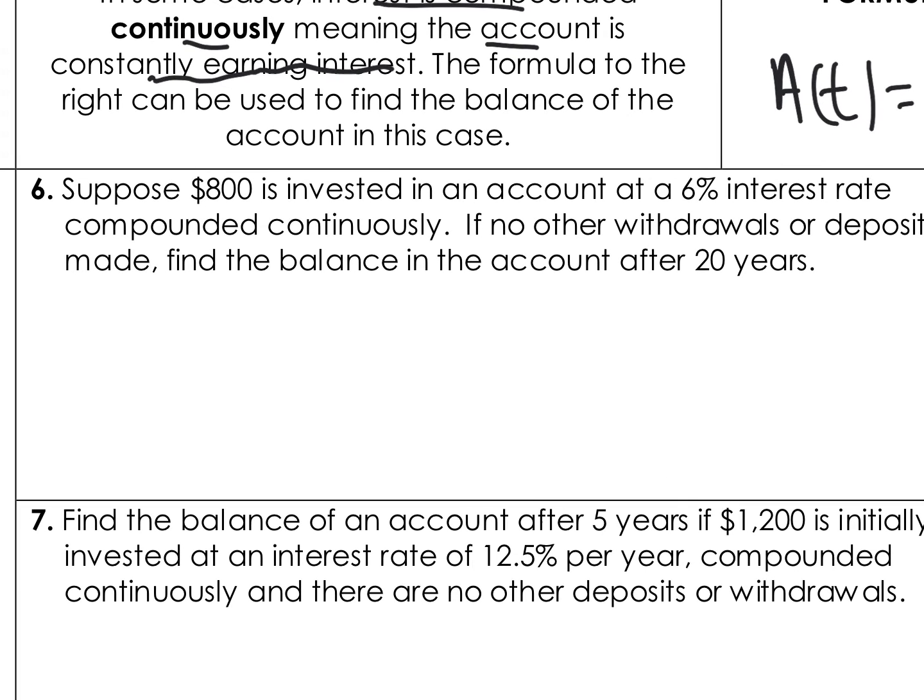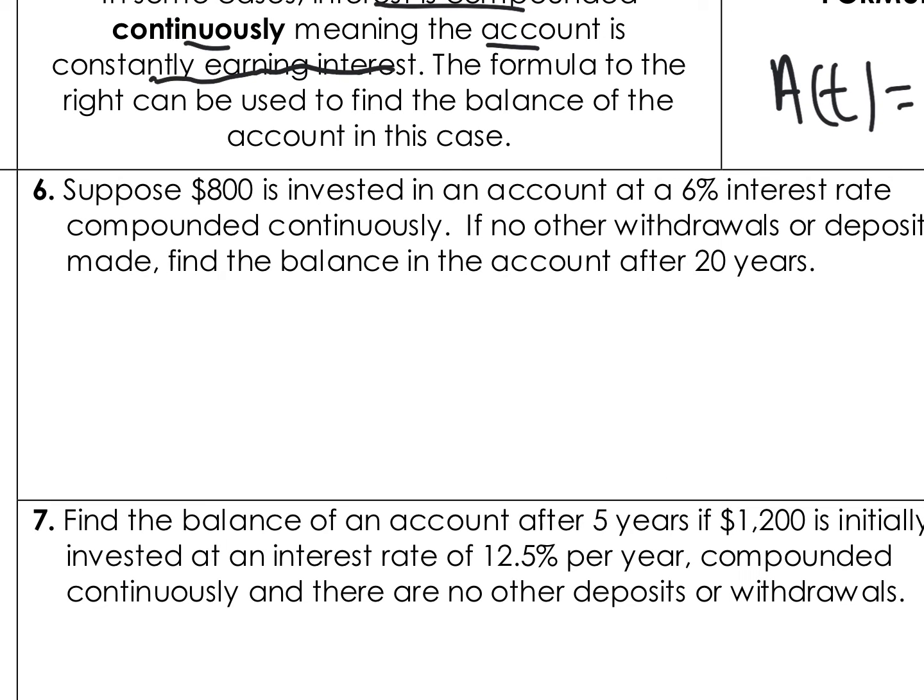So suppose that you invest $800 in an account with a 6% interest rate compounded continuously. And we're still pretending it's APR, but it doesn't really matter. The key is continuously. If no other withdrawals or deposits occur, find your balance after 20 years.